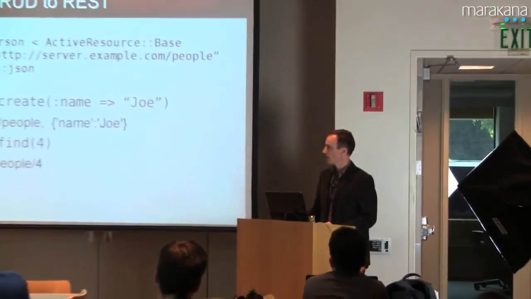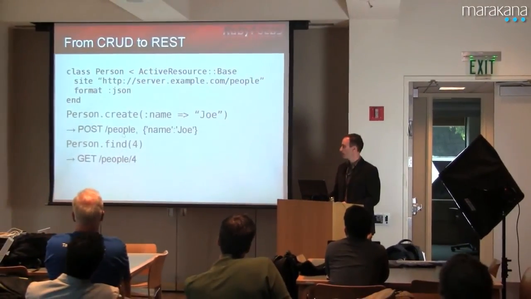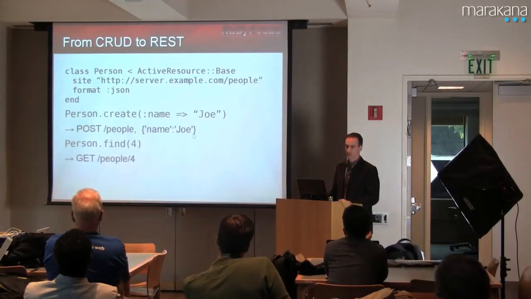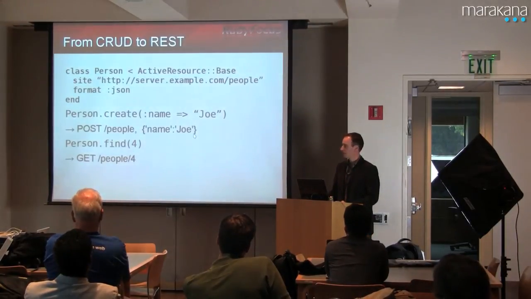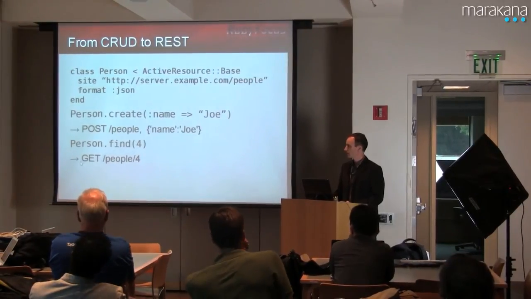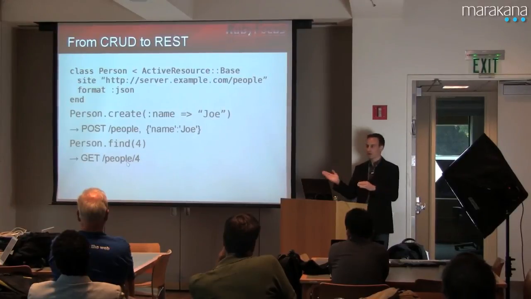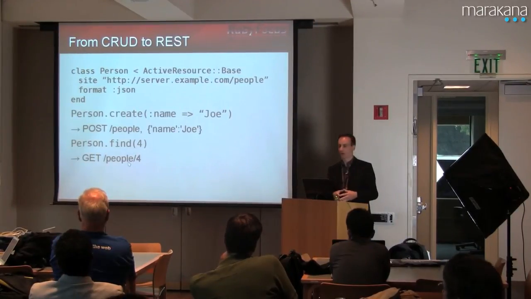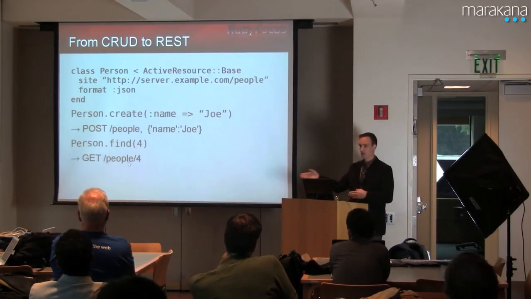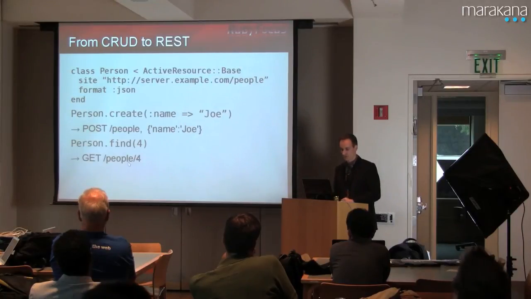Then it makes a POST to the /people URL and gives the attribute list in the payload. You can do a person.find also, and then it makes a GET request against the people URL with the RESTful URL style, where the IDs show up in the URL components.